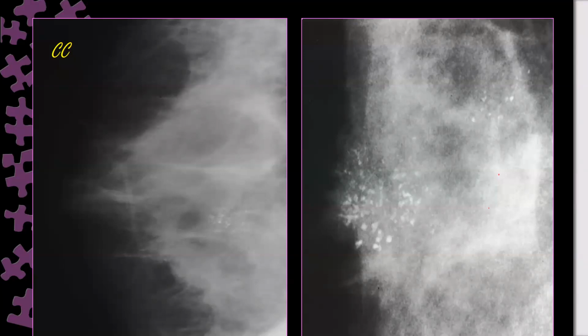The standard CC view demonstrates it is apparent as a group. If we concentrate more, it might be segmental, but because it is not very clear, I will take this one as a group. If we have two different types of classification, we label with which one?